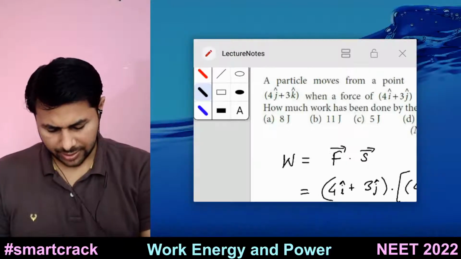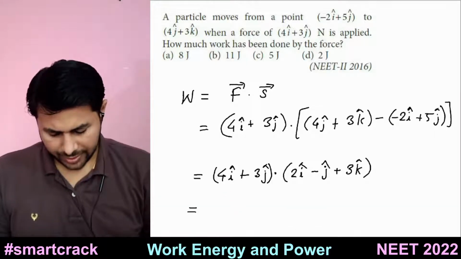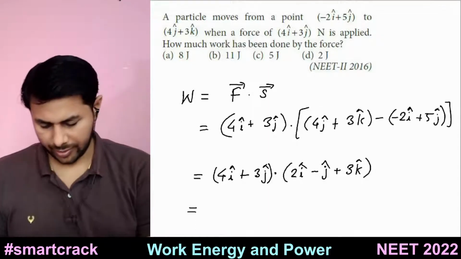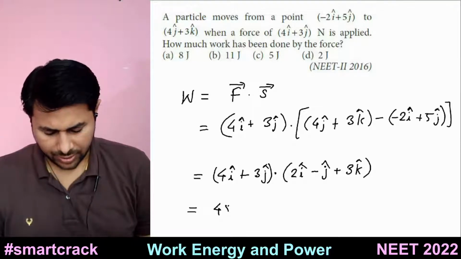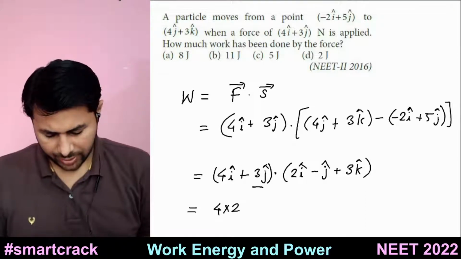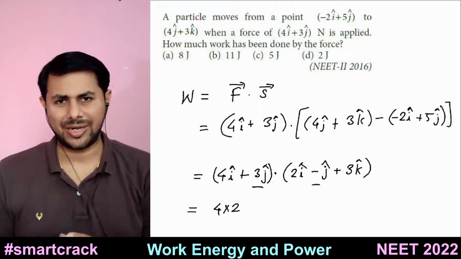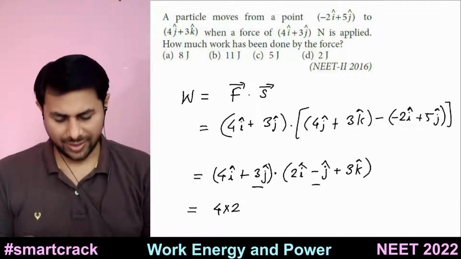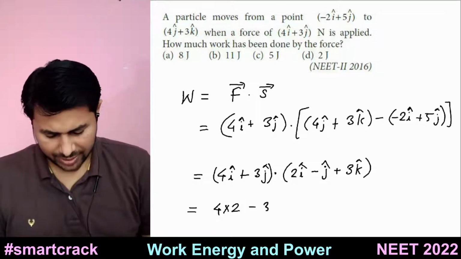Okay, so all right. So 4i multiplied by 2i. How much is that? 8. Okay, i dot i is 1. So 4 times 2 is 8. Plus we have 3j multiplied by minus 1j. So 3 into minus 1 is minus 3. j times j is 1. Okay, so it's minus 3.